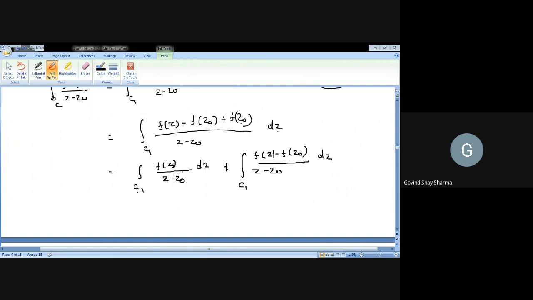Actually, we add and subtract f(z0), the function value at z0, and separate the terms. We name these integrals I1 and I2.